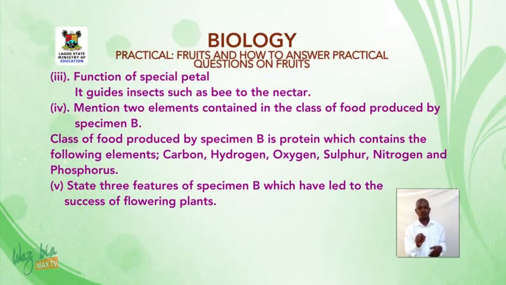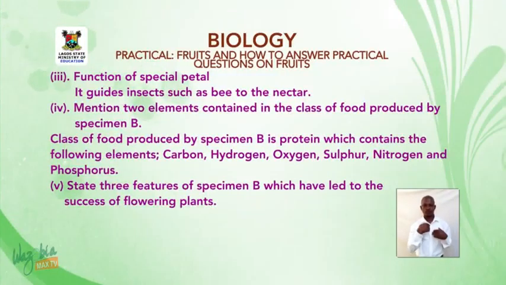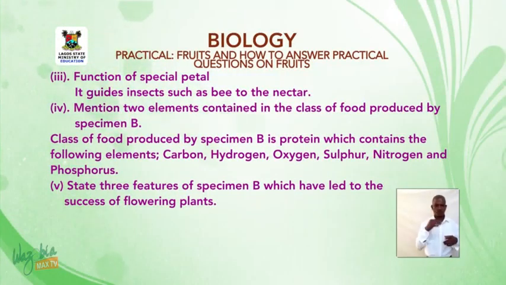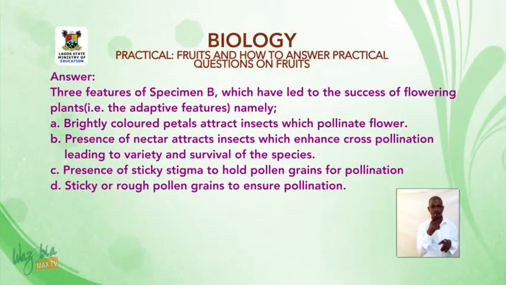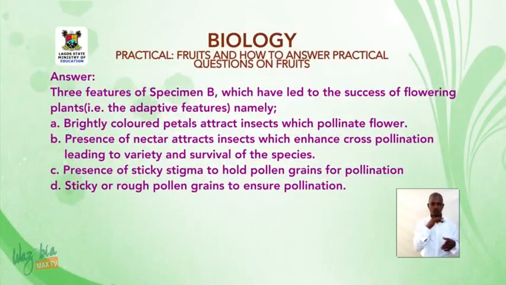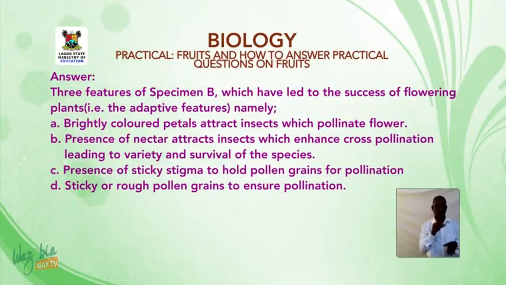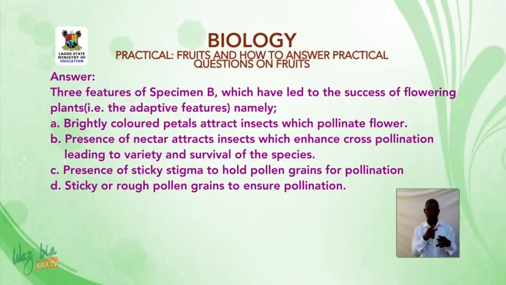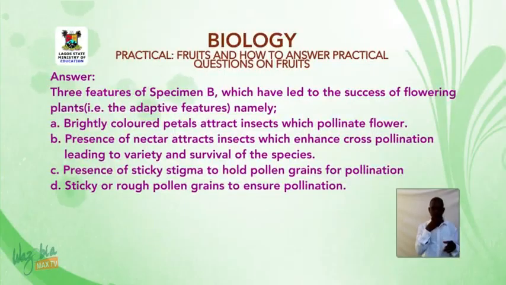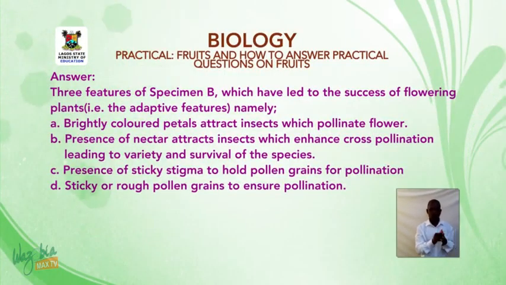Question: state 3 features of specimen B which have led to the success of flowering plants. Answer: 3 features of specimen B, that is flamboyant flower, which have led to the success of flowering plants are the adaptive features, namely, brightly colored petals attract insects which pollinate flower.